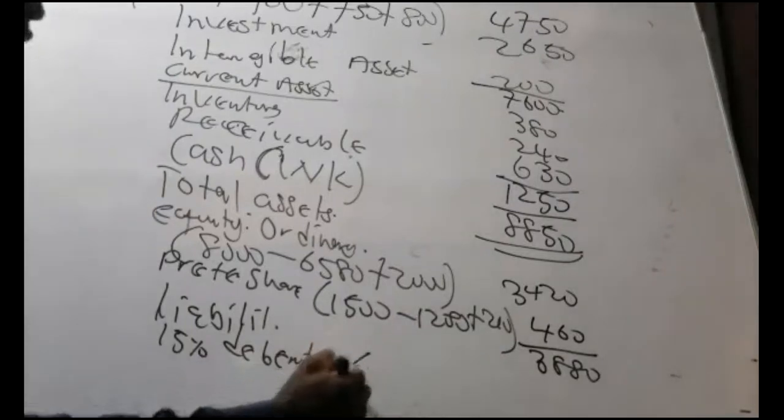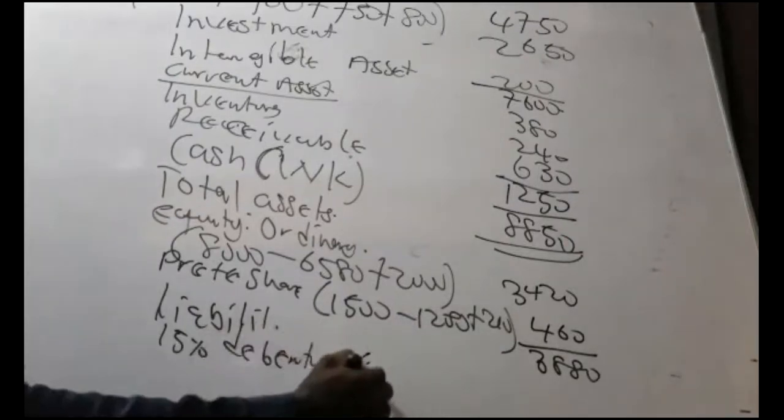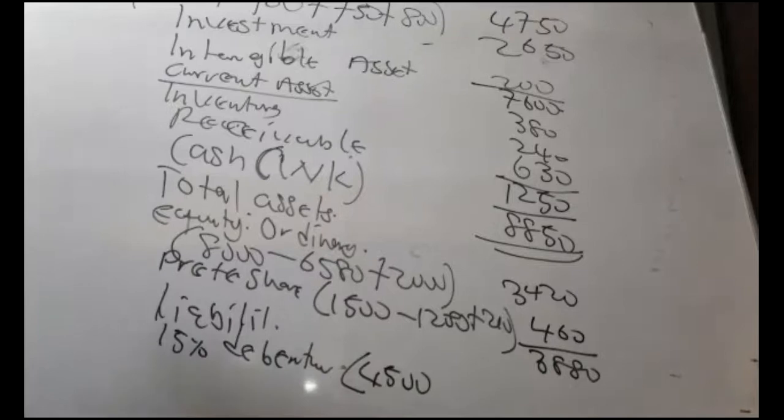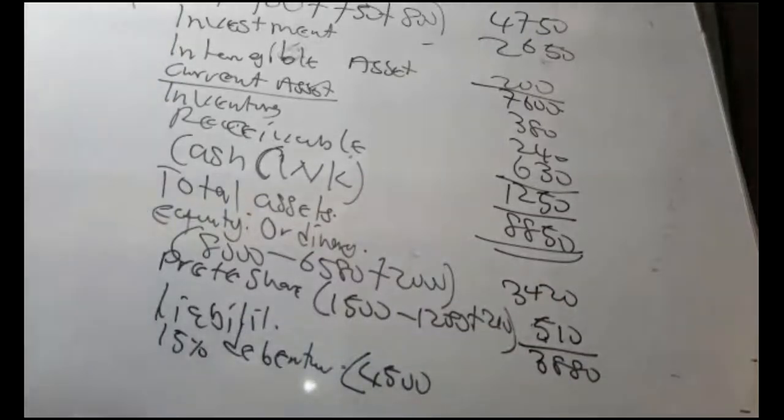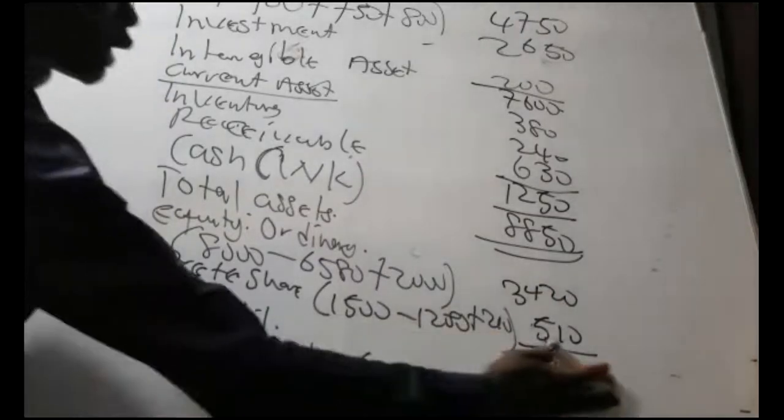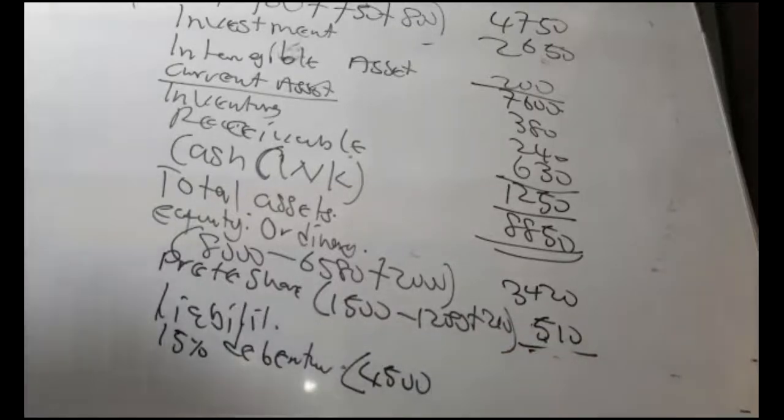Please don't forget that for them, they are losing. Their value is 4,500. You say they should lose what? How much are they losing? The preference share is 510. Oh, I thought someone gave me 460. Okay, 510. Agreed.